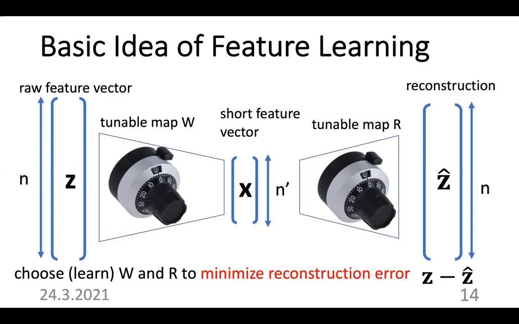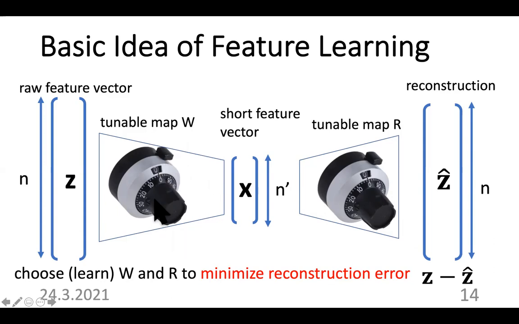What is a hypothesis map? Well, a hypothesis map is nothing but a function that reads in a feature vector and outputs a prediction for the label, or a predicted label.